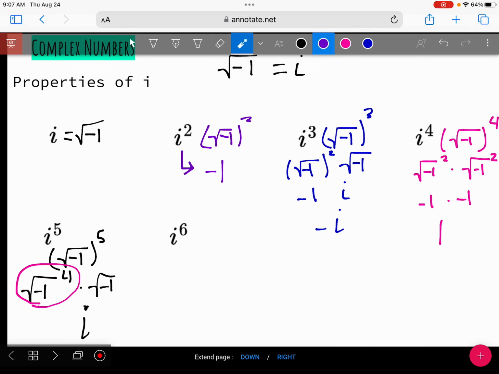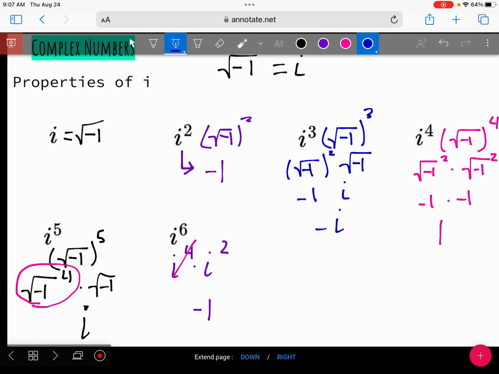It becomes this cycle. i to the sixth is the same thing. I could make this i to the fourth times i squared. i to the fourth equals 1. So this simplifies down to i squared. i squared is -1. So it becomes a cycle.